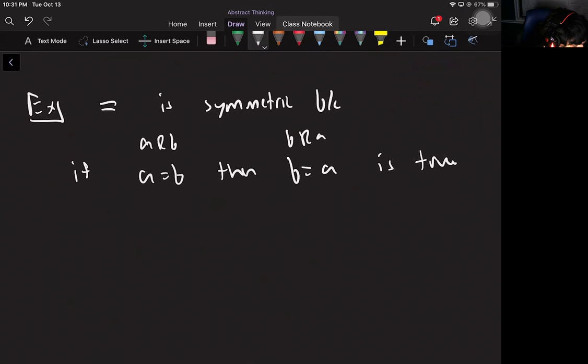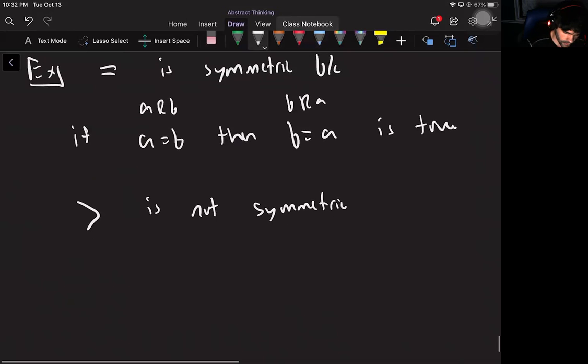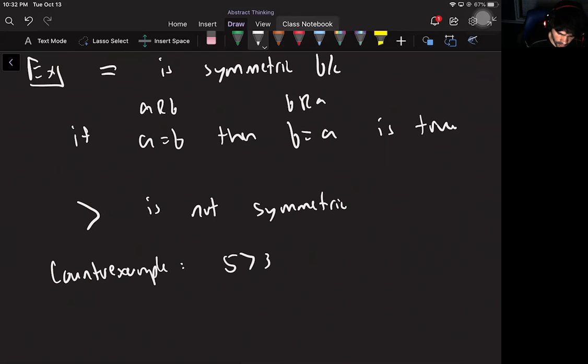Okay, so something that's not symmetric is greater than. Let's do a little counterexample. 5 is bigger than 3, so I'm satisfying the hypothesis.